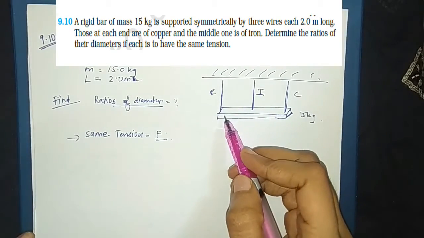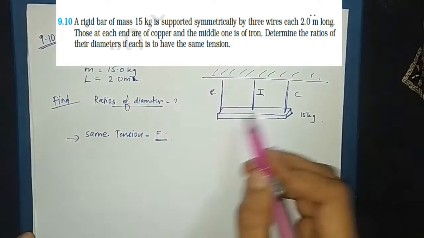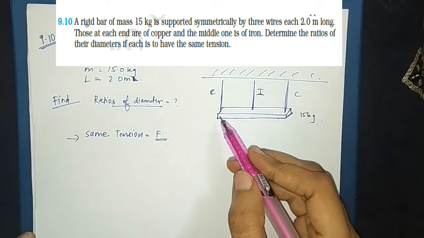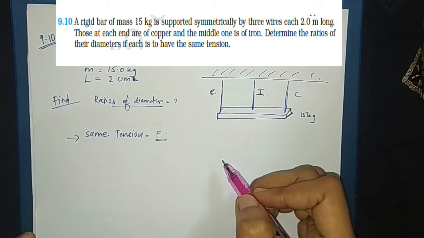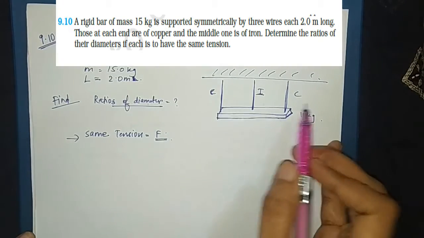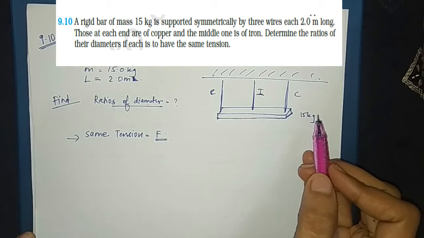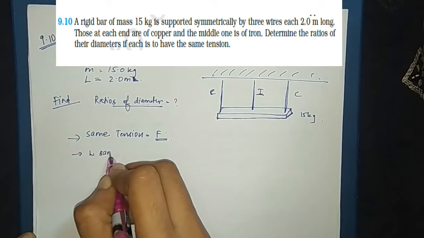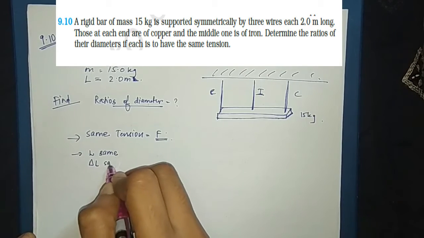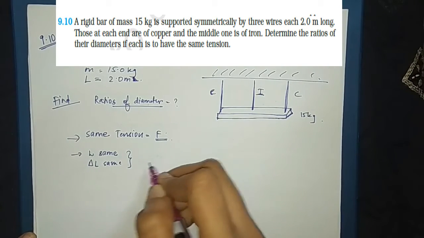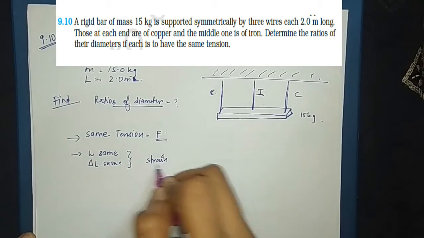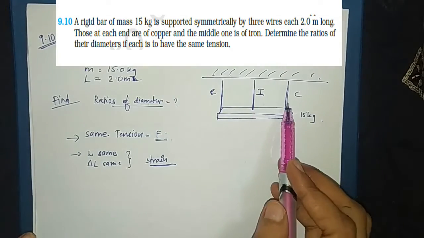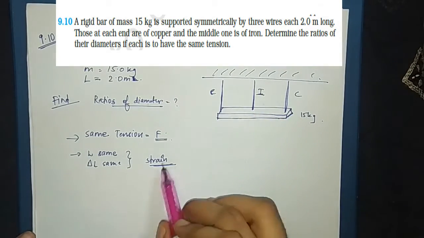The wires are handling a weight of 15 kg, and after elongation the length will change from L by delta L. Because the system is symmetric, the length is the same for each wire and delta L is also the same. So what does that imply? That implies that the strain on each wire is the same, that is, the strain on both the copper wires and the iron wire is the same.